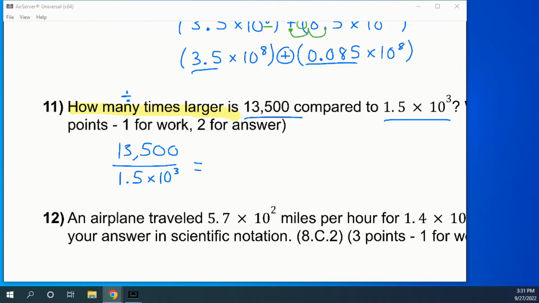And I'm actually going to rewrite these in this one, because the denominator here is not a terribly difficult number to convert into standard form. I'm going to keep these in standard form. 1.5 times 10 to the third is 1, 2, 3. So it's 1,500. And then I'm going to divide.